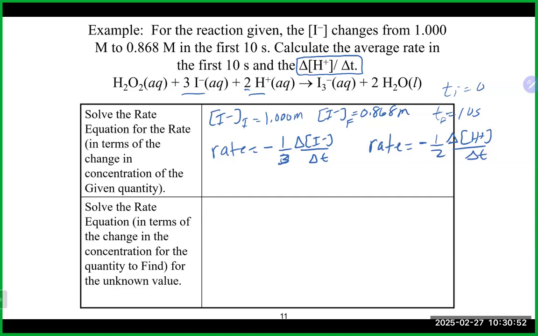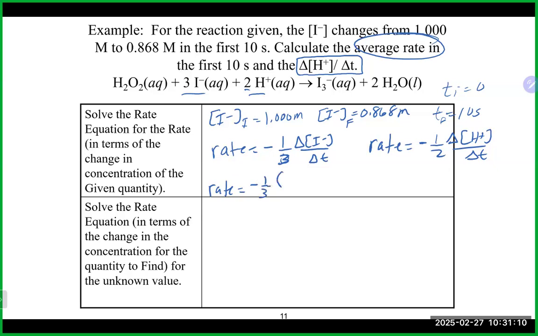Since we have the information for I minus, we could just plug it in there, and we could actually calculate what the first thing was asking, which is what is the average rate of this reaction. So if we do that, our rate is equal to minus 1 over 3.